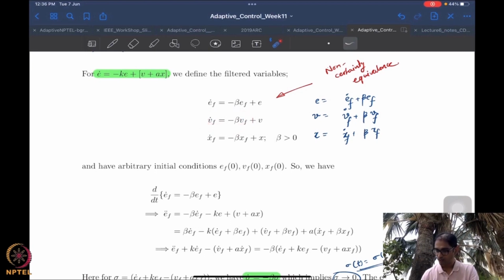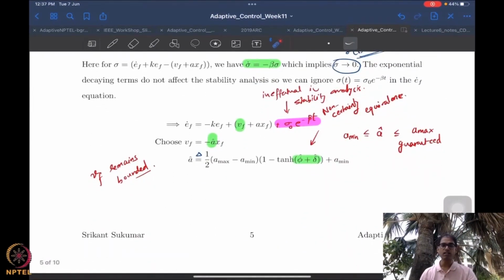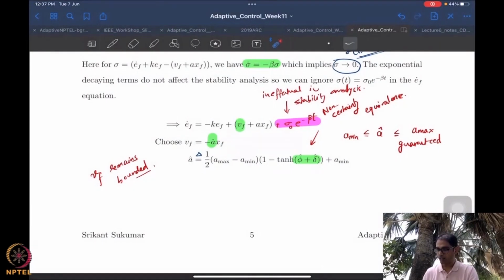VF is bounded, the derivative is bounded, so V, which is the sum of VF dot and beta VF, is also going to be bounded. So boundedness of the control is guaranteed, and that was one of the key issues in standard adaptive control, which we can avoid now.